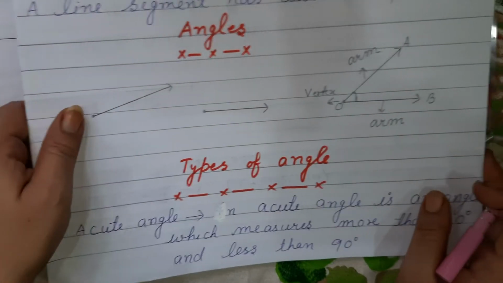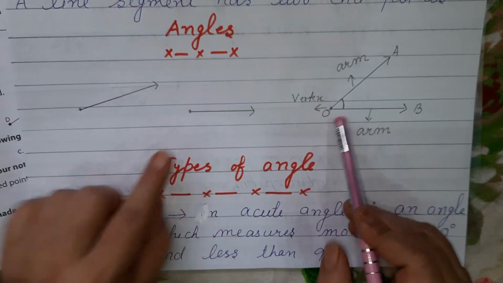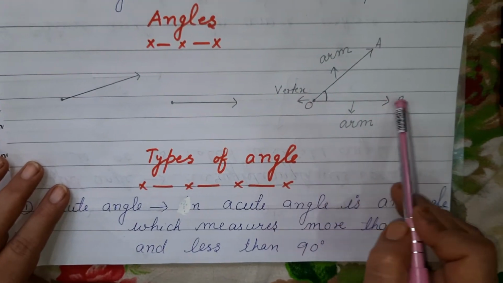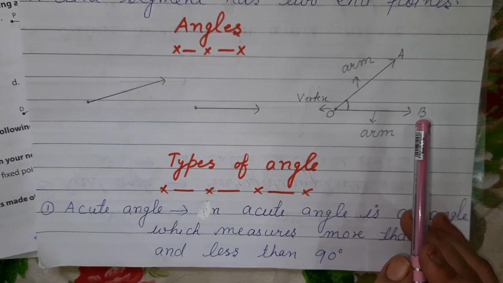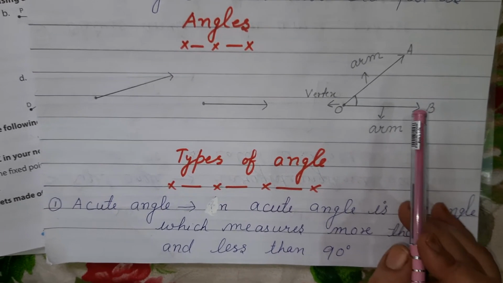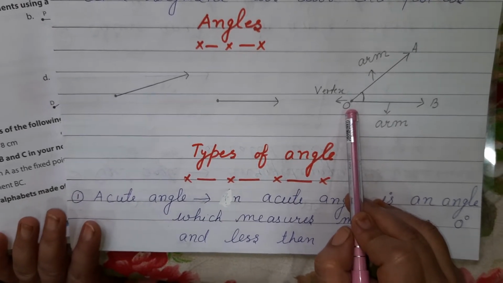See here, I have joined this end point and this end point. Now it is an angle. When two rays meet at the same point, they make an angle.